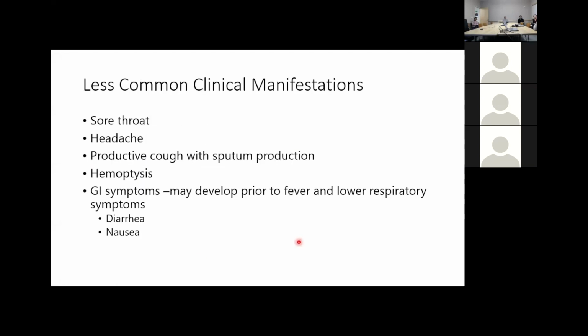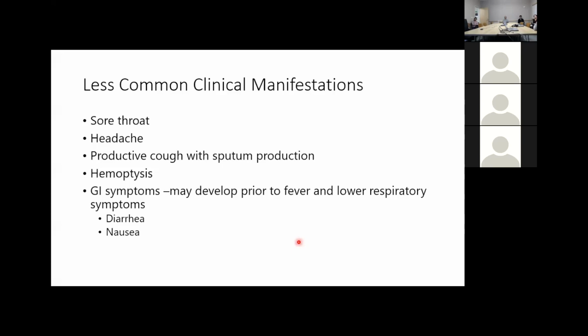The less common clinical manifestations are now coming to light as we become aware of people with milder disease, as testing has become more widespread. So sore throat, headache. So again, this may well be indistinguishable from somebody with influenza or a non-specific viral illness.